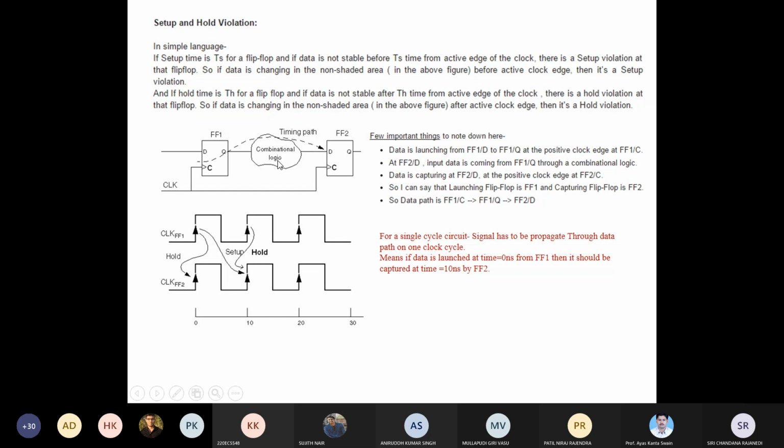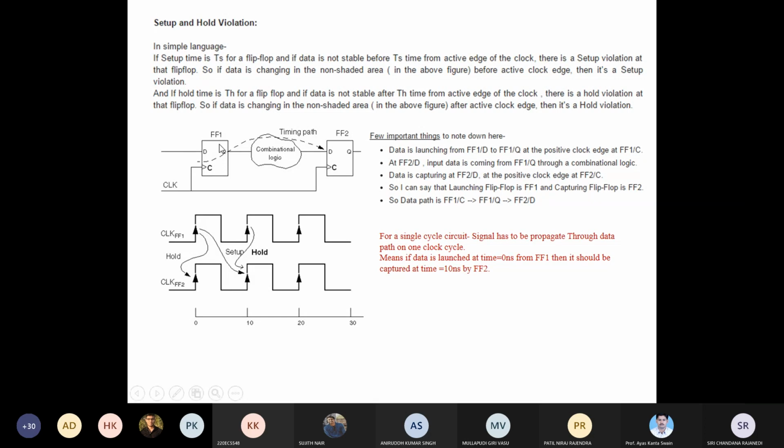At the same time there is no data latching in FF2, because the data has not yet reached the D input of FF2. Now, at the second clock pulse, that is at 10 time units, the data which reached the Q output of FF1, passing through the combinational logic, will reach the D input of flip-flop 2. It will be captured at 10 time units, which is the positive edge of the clock, and that data will go to the main output of this design.